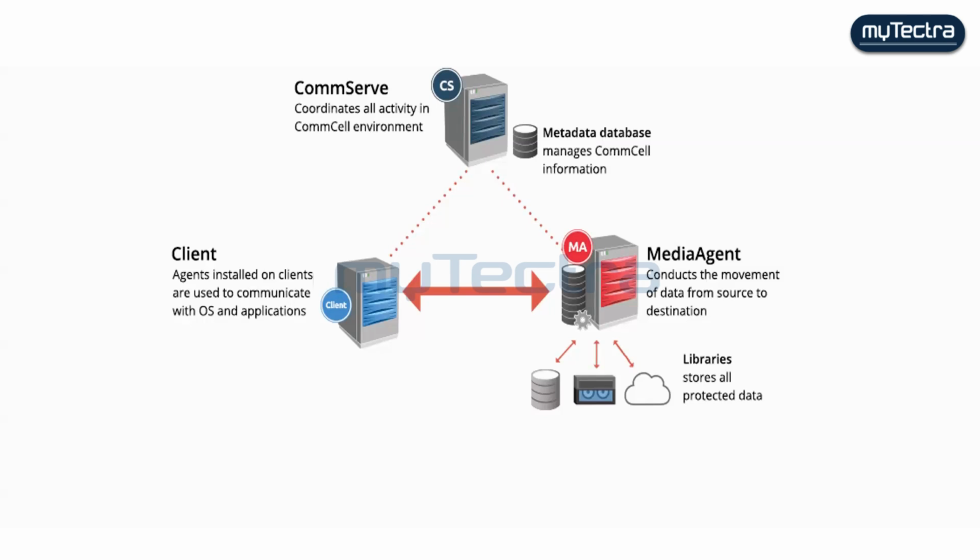It can be a snapshot-based backup without a Commvault agent installed; that also will pass through the media agent only. If you take a database backup, it will pass through the media agent. Whatever data you store in the library will pass through the media agent only.